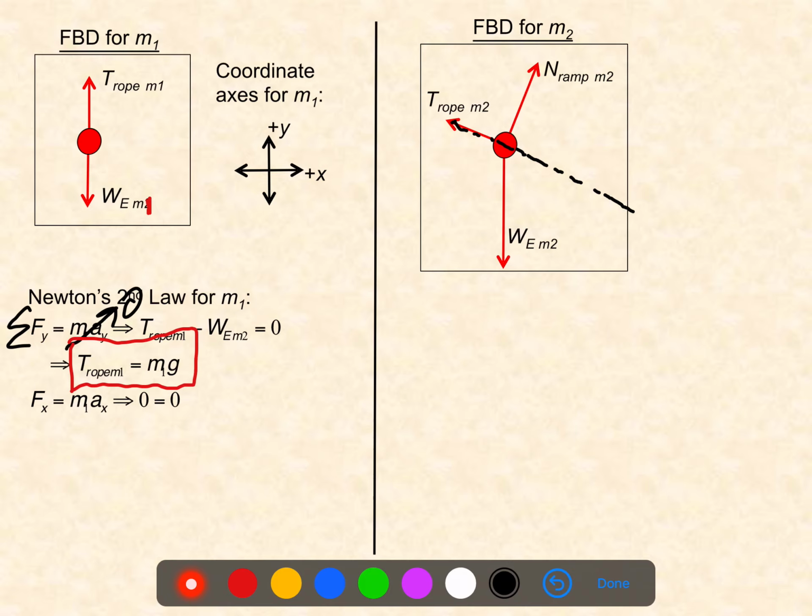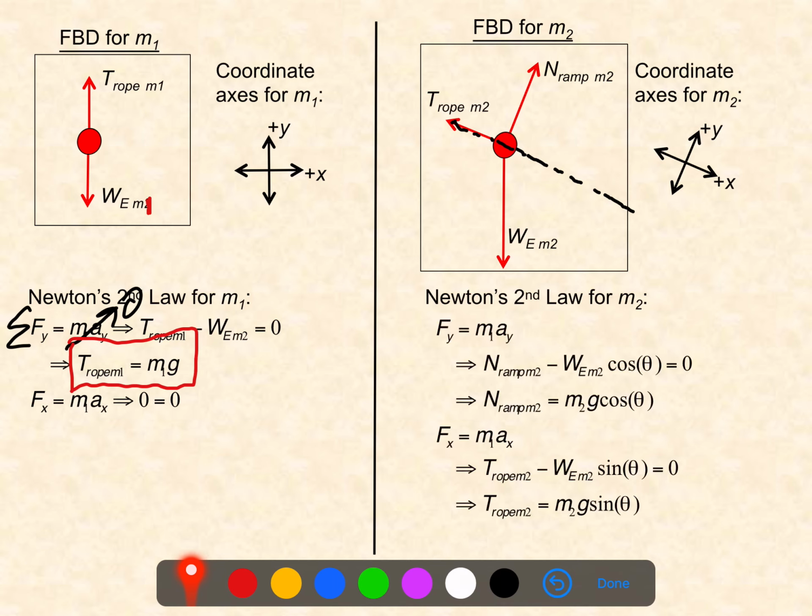So for this mass, two of the three forces are oriented in such a way that a tilted coordinate system would be more advantageous, because now with this coordinate system choice, I do not need to resolve the normal force or the tension force into components. I'm only going to need to worry about that with the weight force.